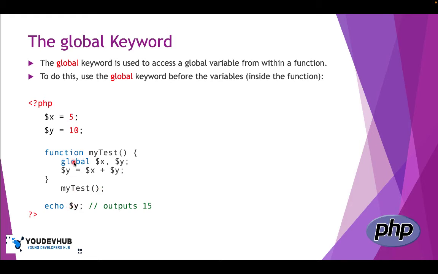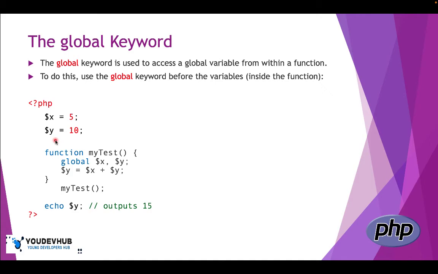Now, because the word global has been used within the function, this variable is going to take the action written with this. So what the global keyword does is, simply, it brings the variable from a local stage into the global stage.